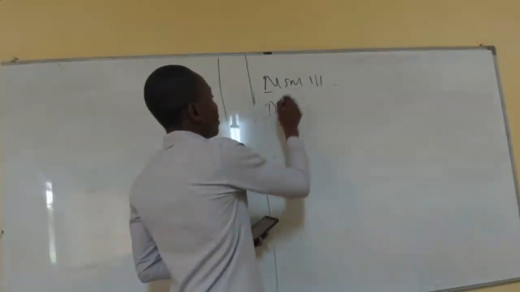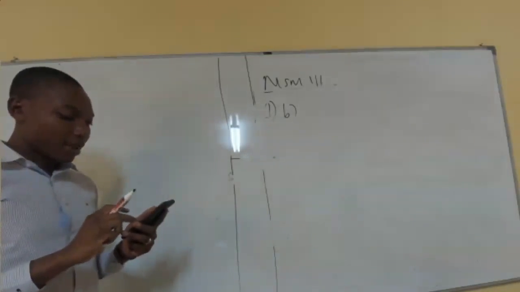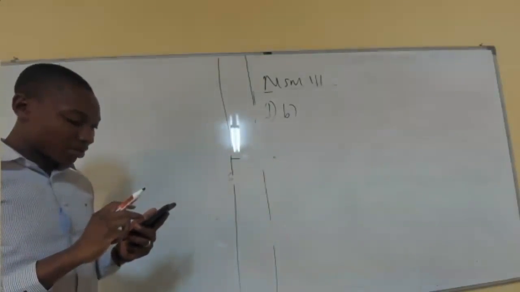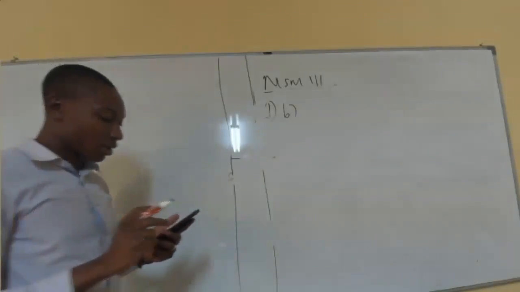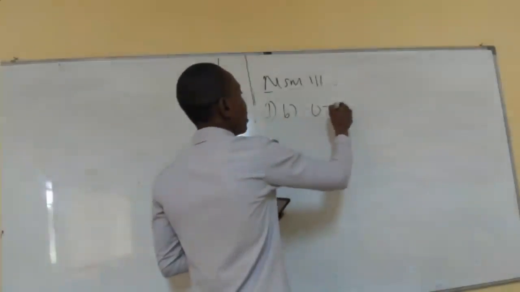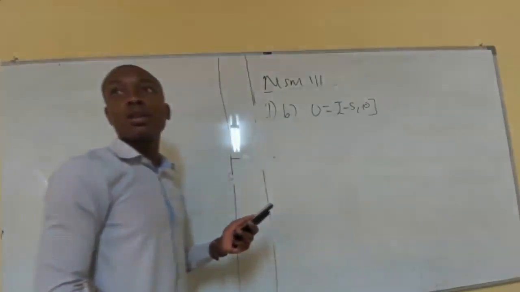Question 1b says the inverse set is given as negative 5, 10.